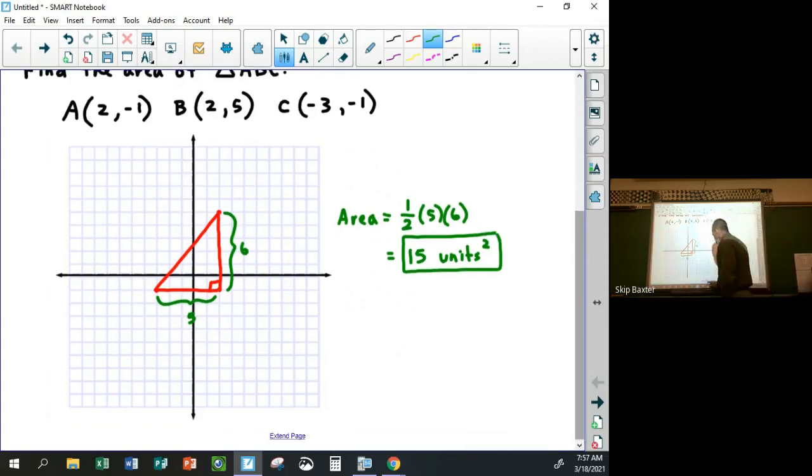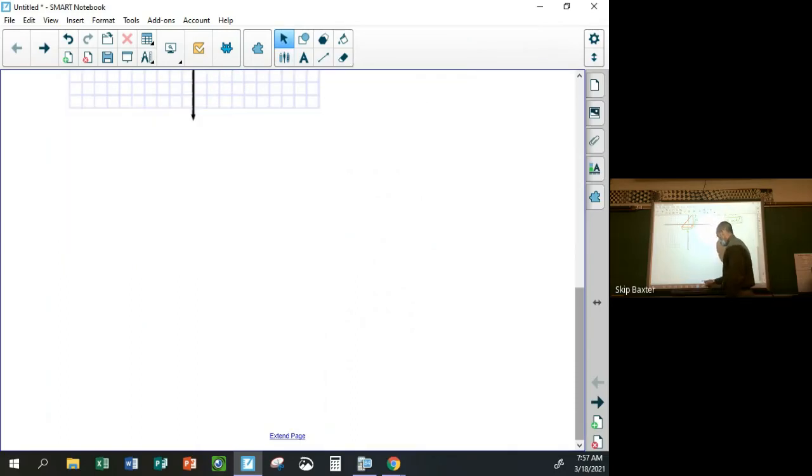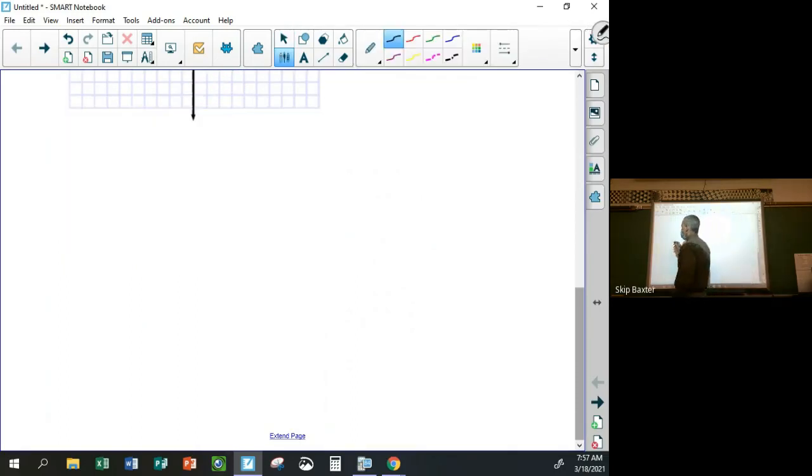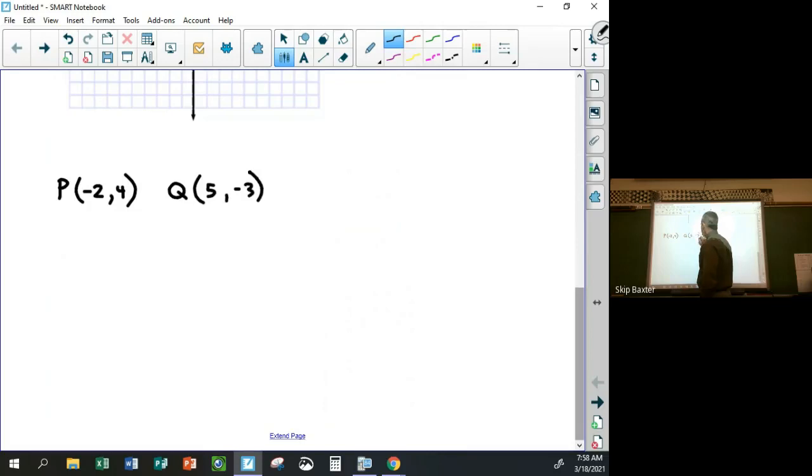Let's try another one. Sometimes it doesn't turn out to be quite so straightforward. What if point P has coordinates -2, 4. Point Q is at 5, -3.